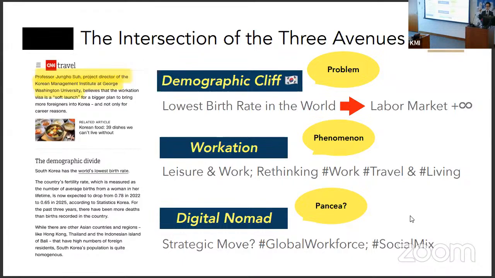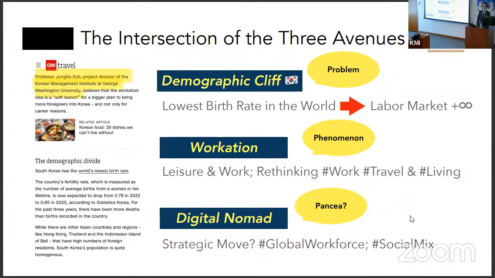I'm not just talking about the group of people, the group of nomads. It is the name of the policy, the name of the South Korean Ministry of Justice policy, digital nomad visa. Okay, and is it a panacea? Is that a solution to this quite serious, significant problem for Korean society, Korean industry, and business?